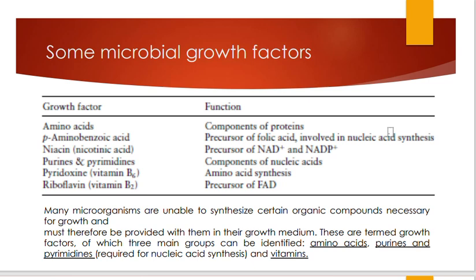Okay, so many microorganisms are unable to synthesize certain organic compounds necessary for growth and must therefore be provided with them in their growth medium. When you say growth medium, that is the medium where your microorganism grows.